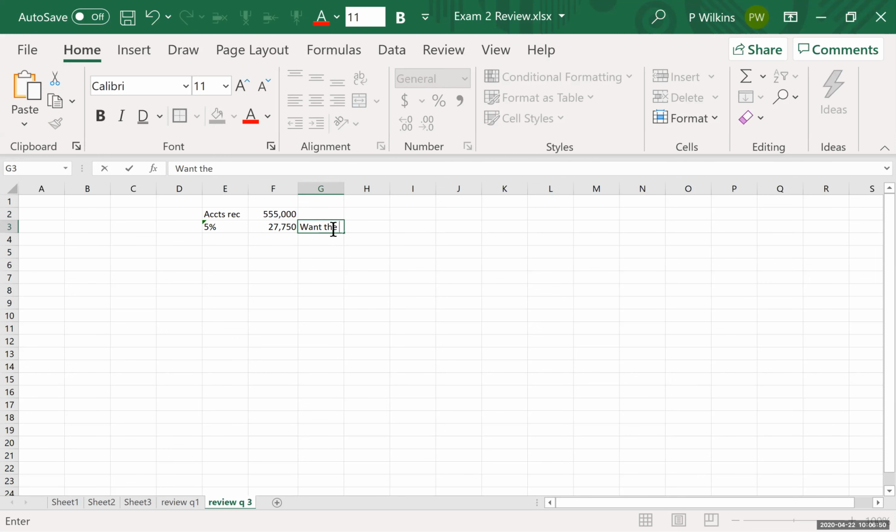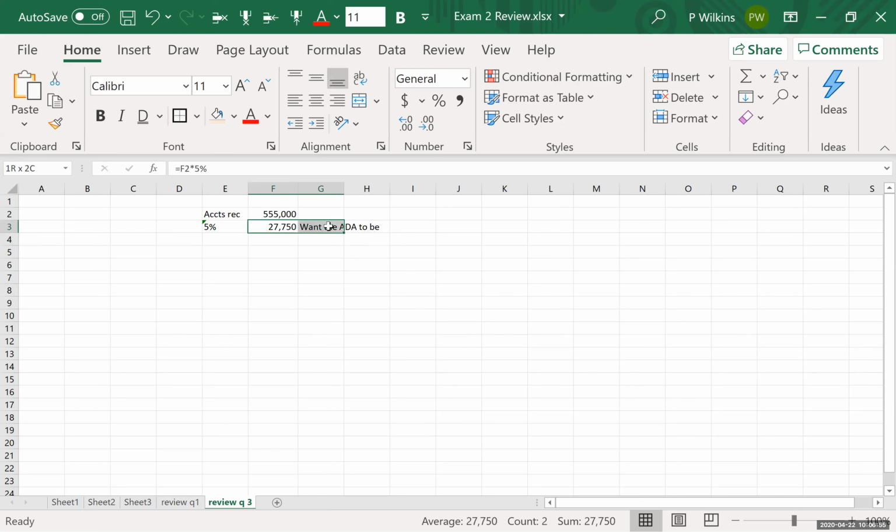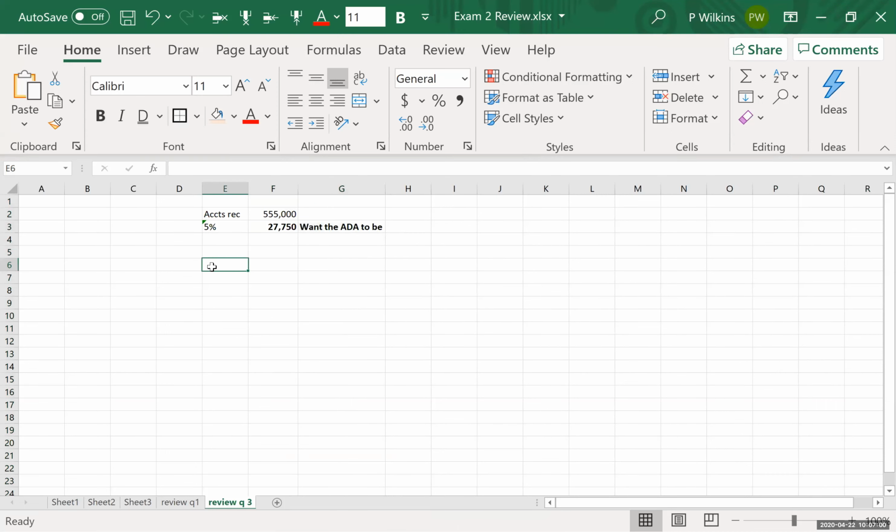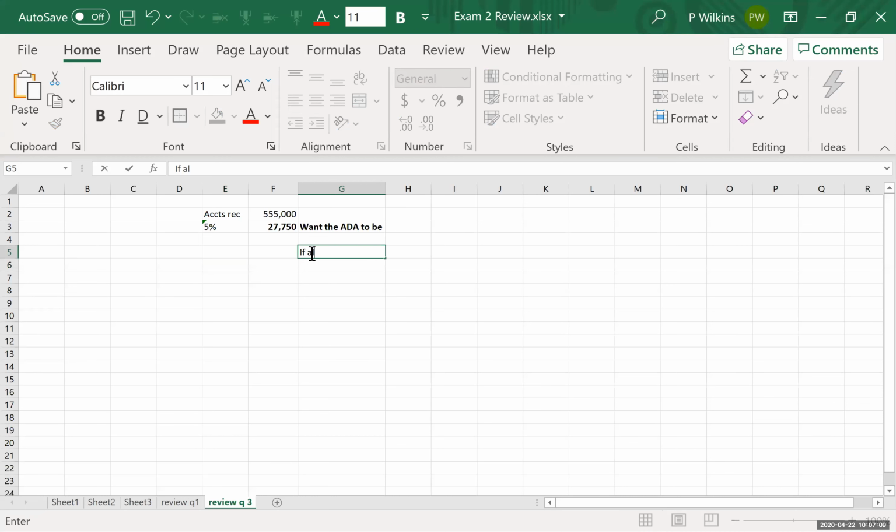We want the allowance for doubtful accounts to be this amount of money, right? 5% of accounts receivable. However, they told us that the allowance for doubtful accounts had a credit balance of $370. And the rules tell us that if ADA has a credit balance, subtract that from what you want it to be to get the entry amount, right?